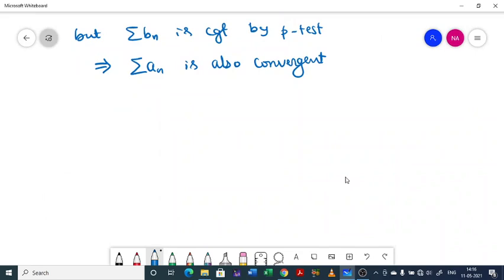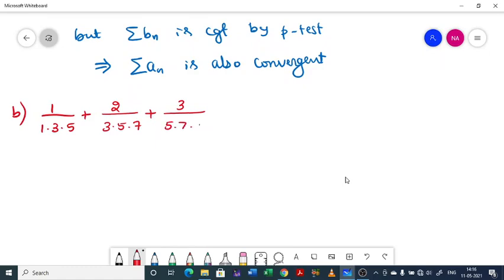Next, problem B. So this is exactly similar to problem A. So I will leave this as an exercise. The series is 1 by 1 into 3 into 5 plus 2 by 3 into 5 into 7 plus 3 by 5 into 7 into 9 plus and so on.